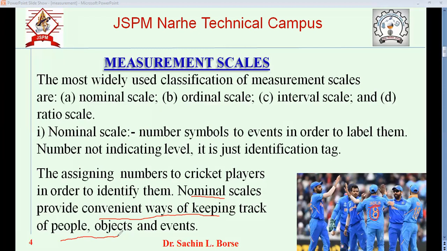The number 8 given to Jadeja doesn't mean that he is in the rank 1 to 8. It is not indicating its rank. It is only an identification tag. So that is called the nominal scale. Here the number does not have any property, it is only the identification tag for people, objects, events.